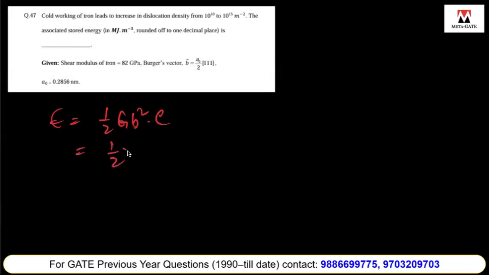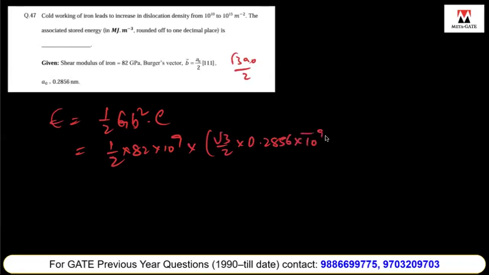So half into 82 into 10 power 9, into Burgers vector root 3 by 2 into 2856 into 10 power minus 9, whole square, into the dislocation density.